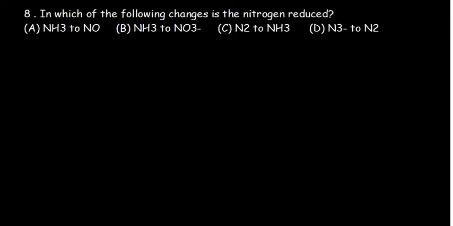In which of the following changes is the nitrogen reduced? So you can look at reduction by observing the oxidation state of nitrogen in each state. If I look at the first one, nitrogen initially, I'll take it as X plus hydrogen, it's 3, it's a positive, so it will just be 3.